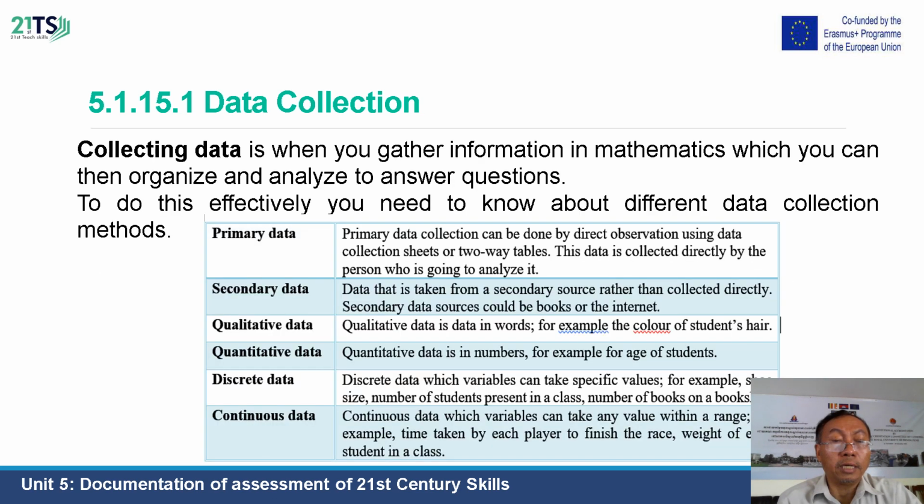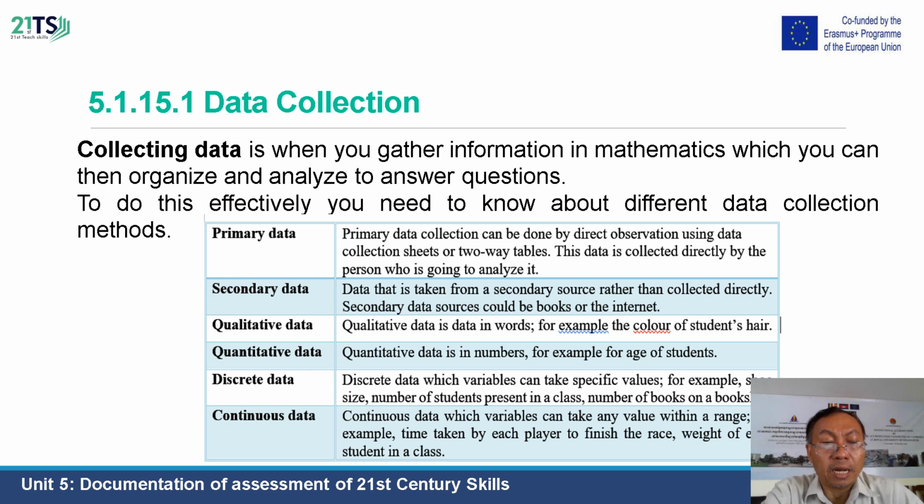Collecting data is when you gather information in mathematics, which you can then organize and analyze to answer questions. To do this effectively, you need to know about different data collection methods. The table shows you some methods which you can use to collect data.